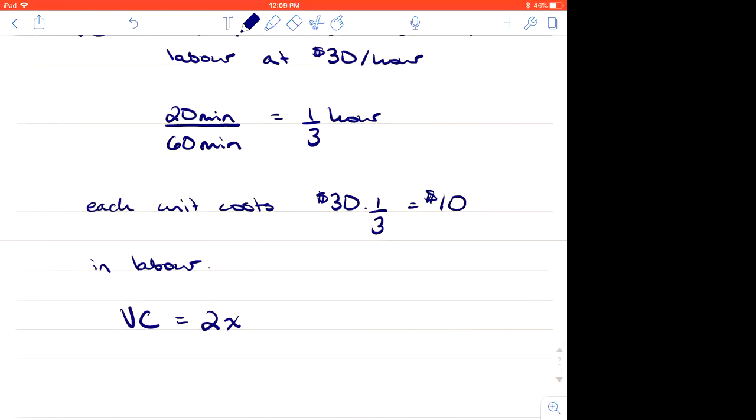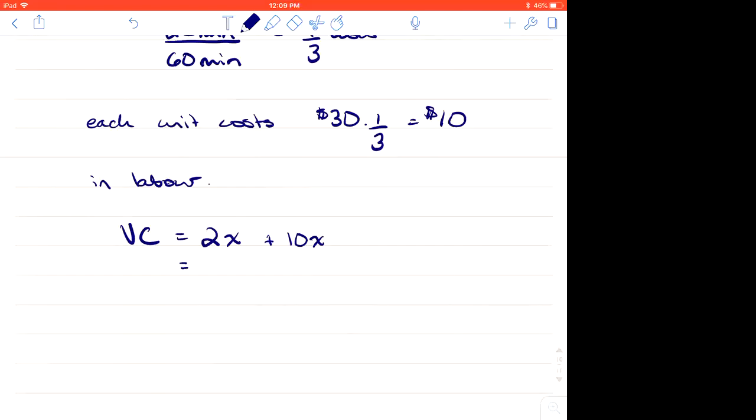So we tack on that X plus, again, 10 times X, $10 in labor times however many we're producing. So we have a variable cost of 12X.